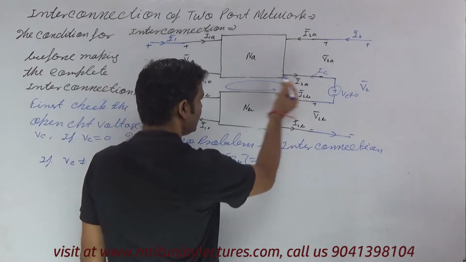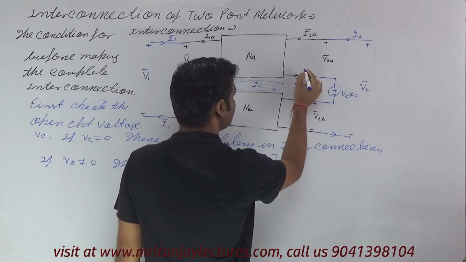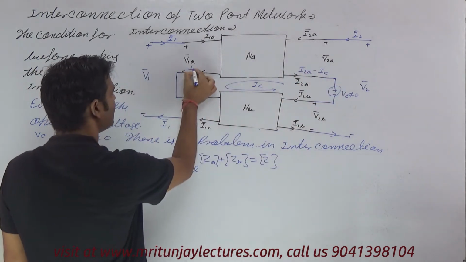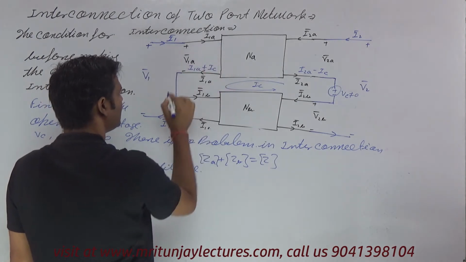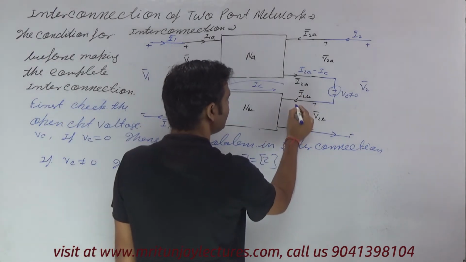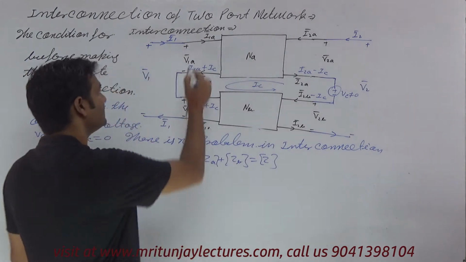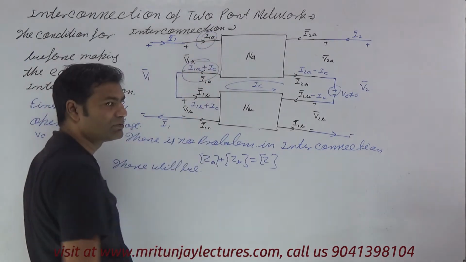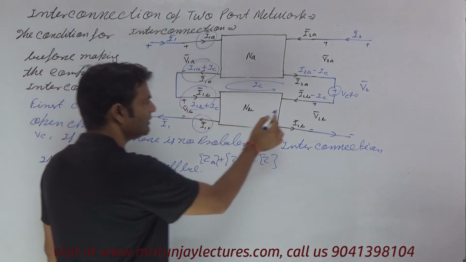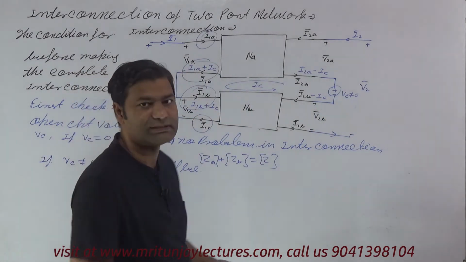If the circulating current IC flows like this, it means I2A minus IC, here I1A plus IC, here I1B plus IC, and here I2 minus IC. Clear? This current and this current are not equal, because Vc is not 0, so we get I1B plus IC.